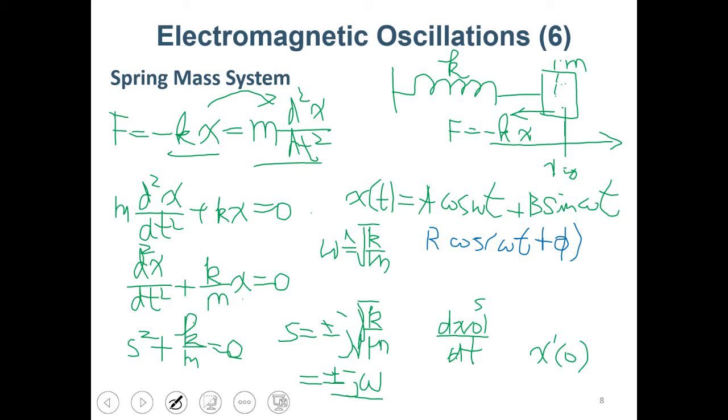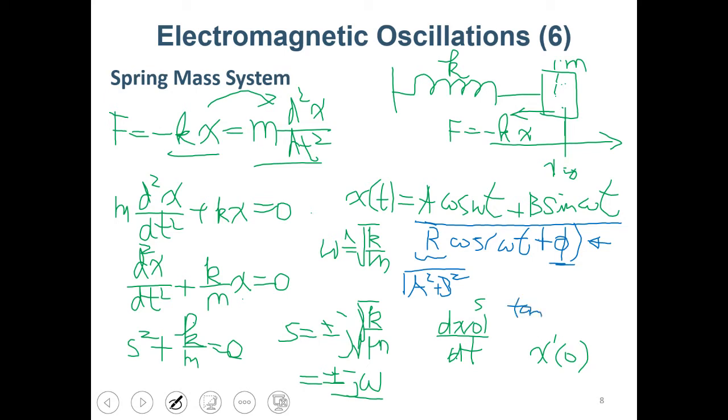When you learned trigonometry in high school, you should know that the cosine and sine function with the same frequency can be written as a single one. So this is the magnitude. So r will be square root of a squared plus b squared.